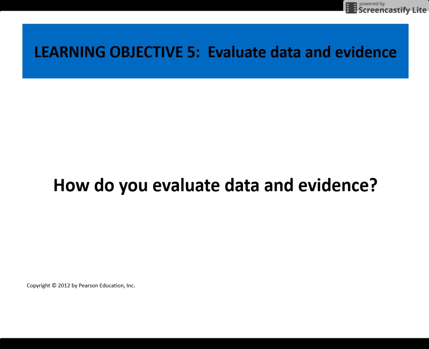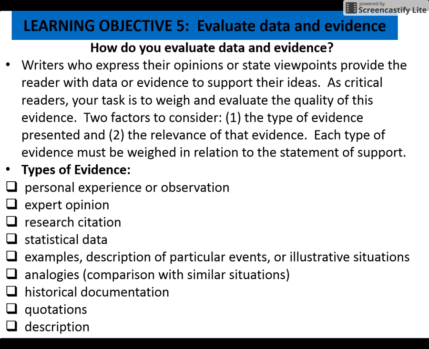Evaluating data and evidence. Again, this all connects to bias, tone, okay? There's a strong connection, fact and opinion as well. So when I told you about the author's argument or point statement that he or she is making, you need to look at the supporting evidence that the author uses, okay?